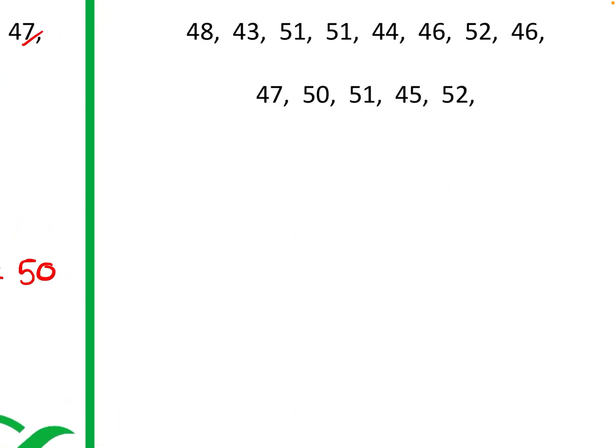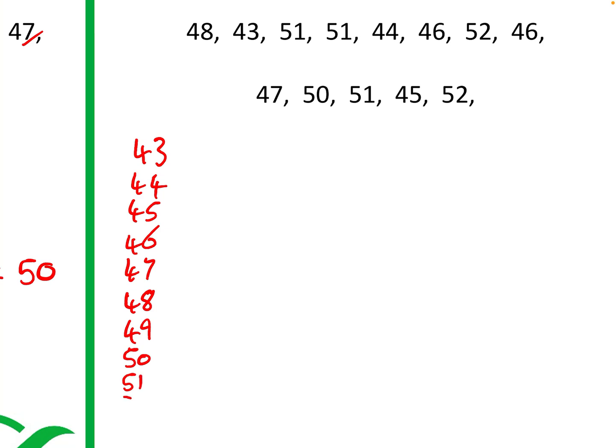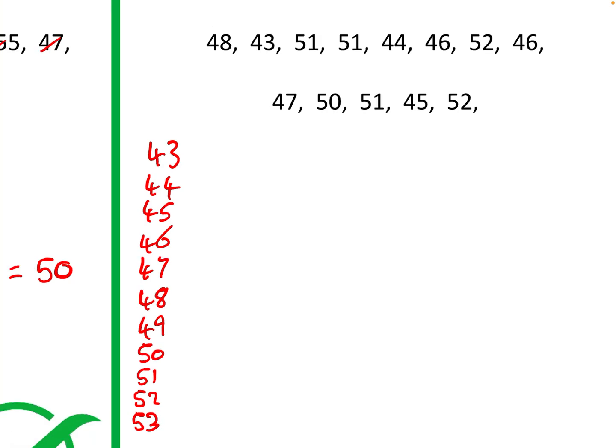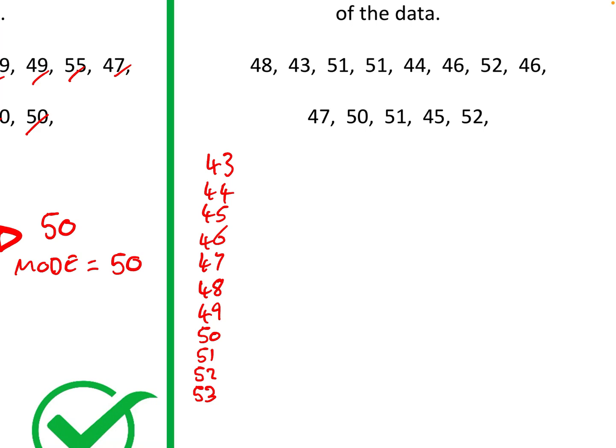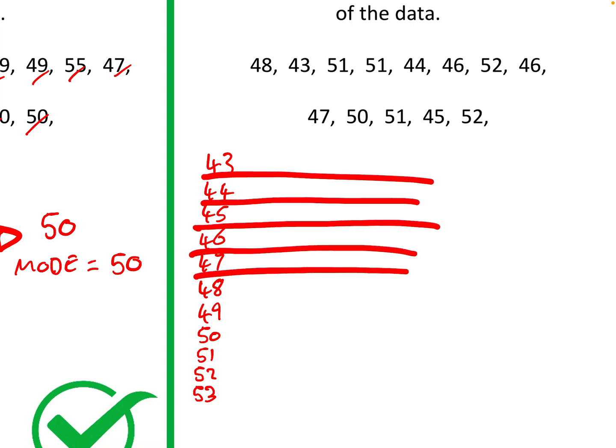We're going to go 43, 44, 45, 46, 47, 48, 49, 50, 51, 52, 53. Was it 53 that we said was the highest? Actually, it was 52. I didn't even need 53. I've gone a little bit more than required. So now I'm going to create my tally just like before. Really simple and basic.